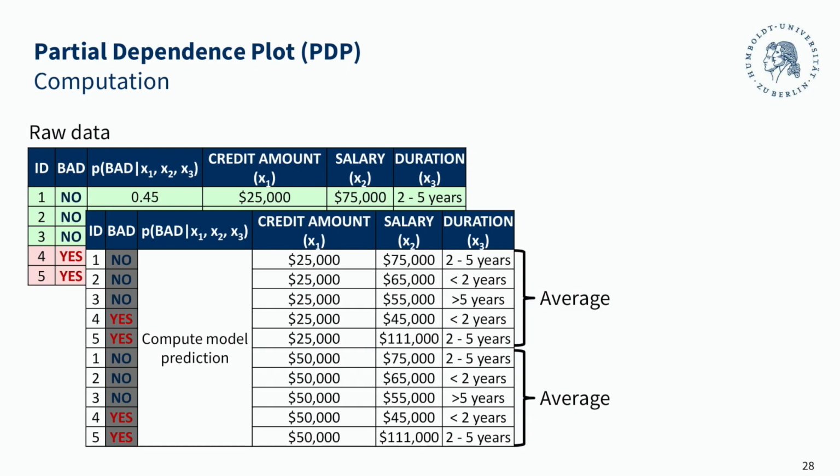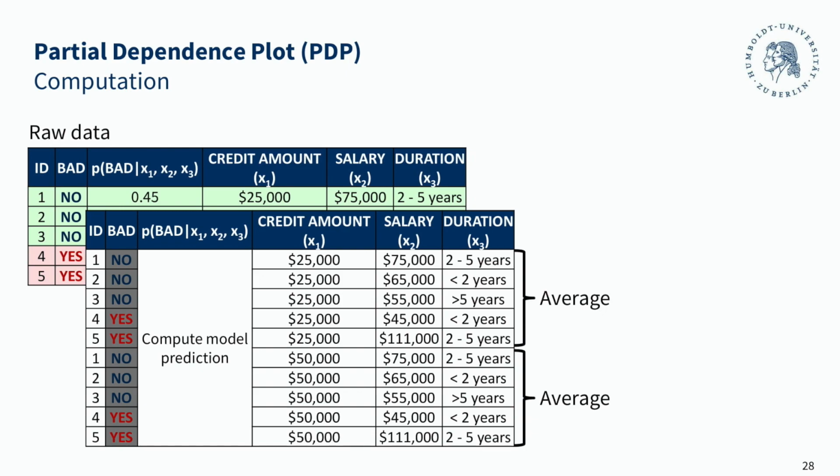If I have n data points, 5 in my example, after this copy pasting exercise, I have 2n data points, so 10, where in the first half, all data points get the value credit amount equal to 25K, and in the second half, they all get the value credit amount equal to 50K. And by copy pasting, I duplicate all the values for the other features.